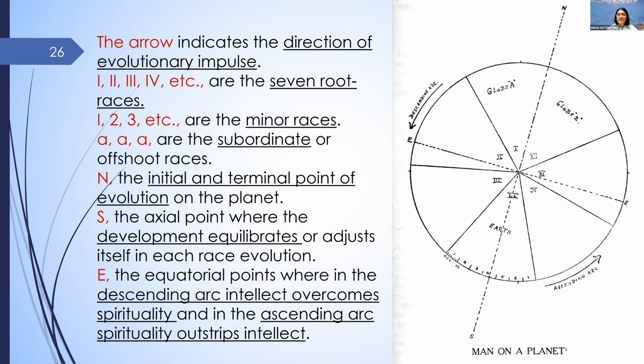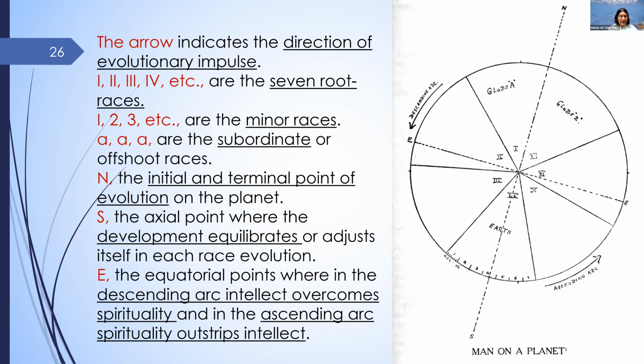So if we consider it a round, in the round there are 7 globes. It begins at globe A and closes at globe Z. Both are at the topmost point N. So on the ascending arc, matter is getting resolved back into spirit. At this topmost point N, where we have globe A, man is very ethereal.